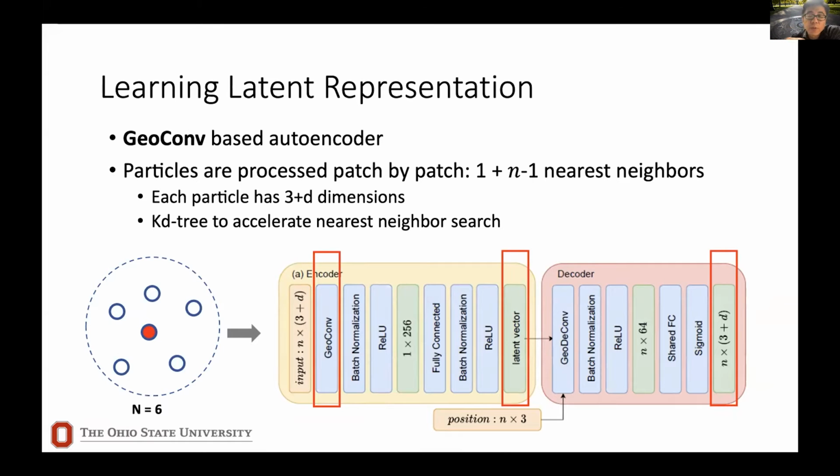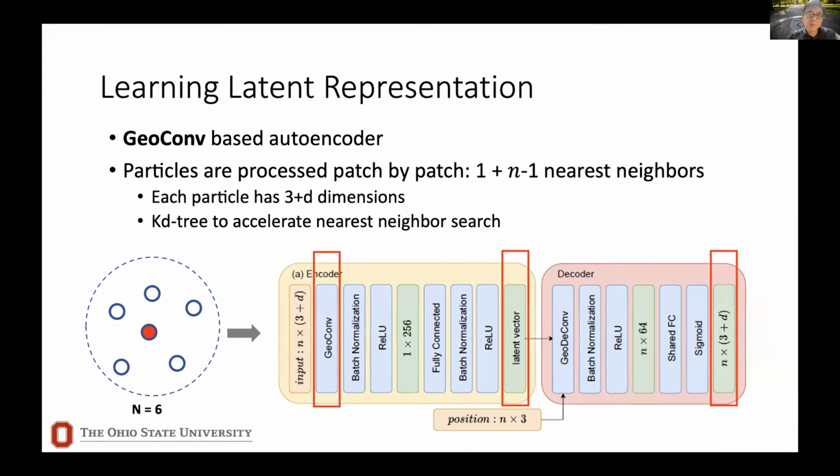I have 3 boxes that I want you to pay attention to. Let me animate again. Because the particles are not on a regular grid, we have to consider a different way to do convolution. Here, we are borrowing a concept called geoconv. This is not published by us, but by other people in the AI community, so this may be one thing you can learn today.